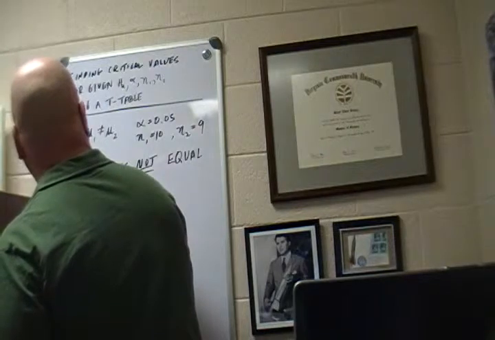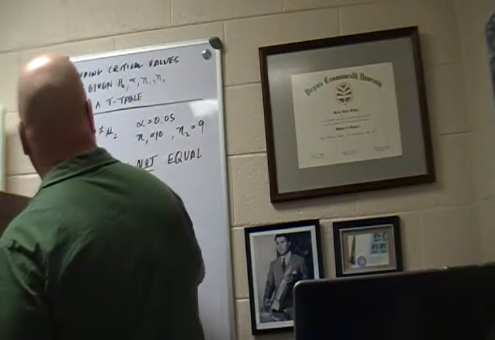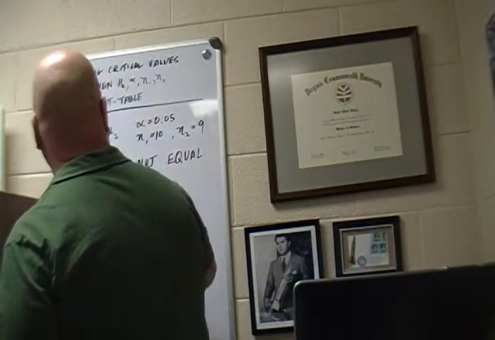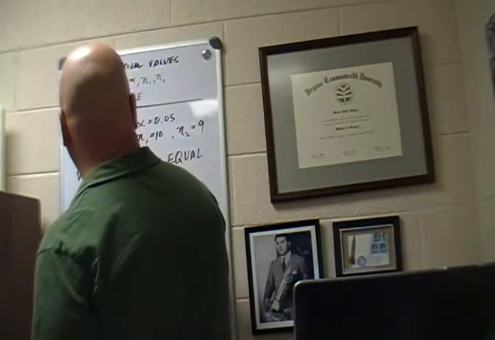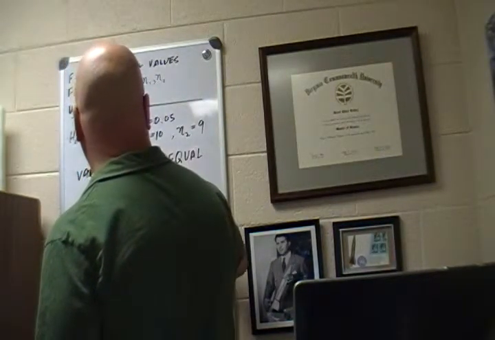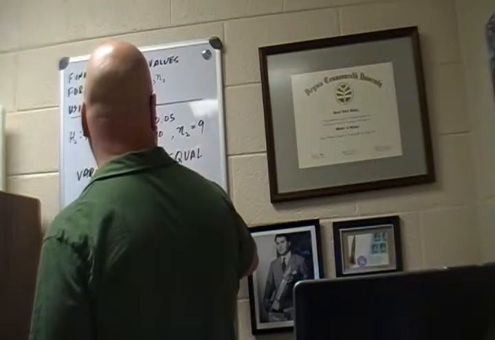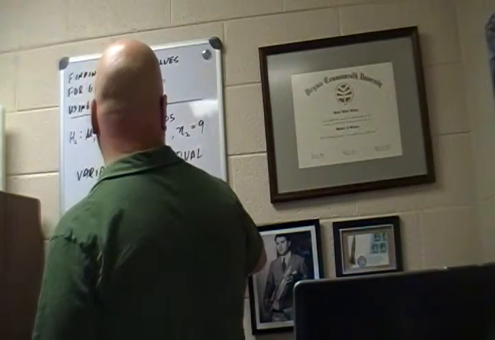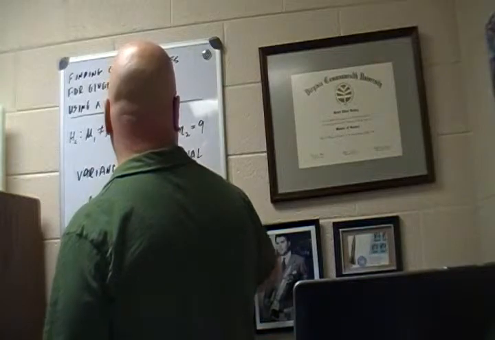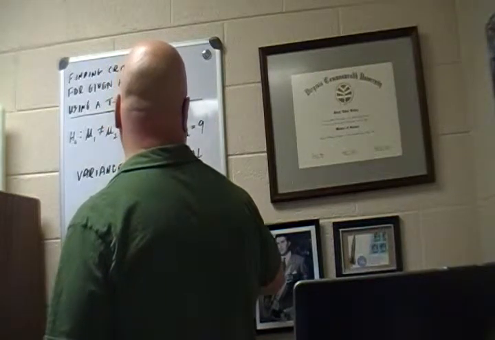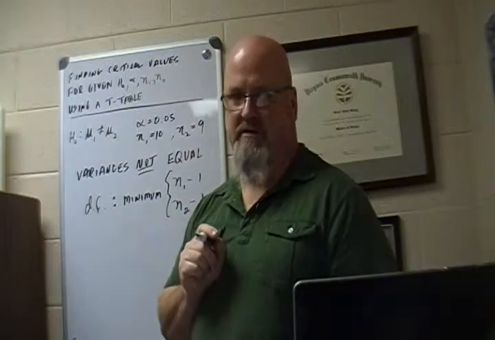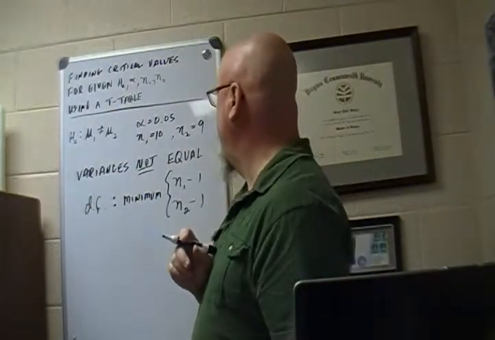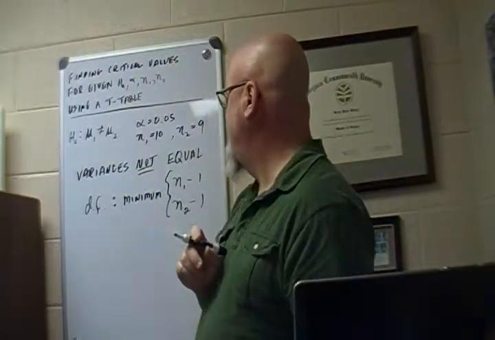In this case, the degrees of freedom are calculated by the smaller of these two, the minimum of either n1 minus 1 or n2 minus 1. So that's going to be your smaller sample size that you're going to use to find your degrees of freedom.